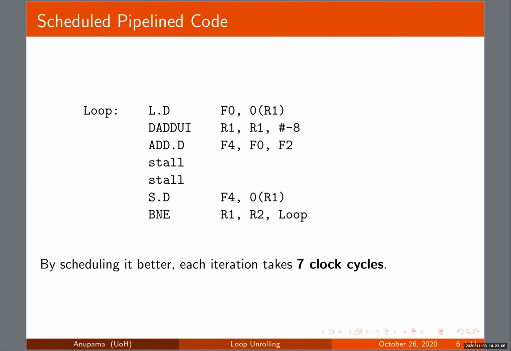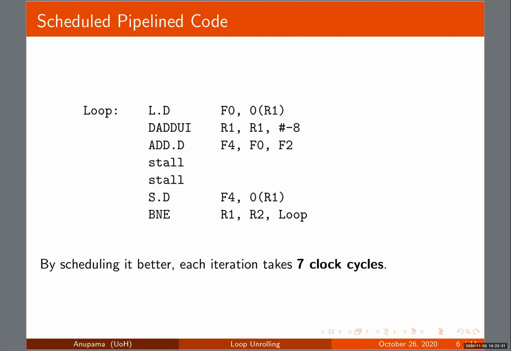But if you look at it, you did a load, so you brought an element, decremented the address of the next element when you did the DADDUI. But your store should not be going into that. Therefore, your store here should be 8 of R1. Okay. Please note the change.